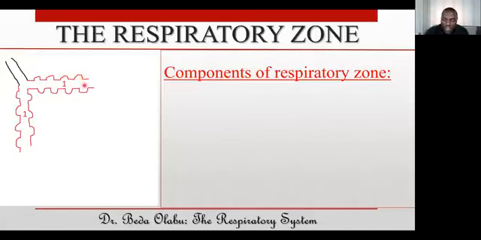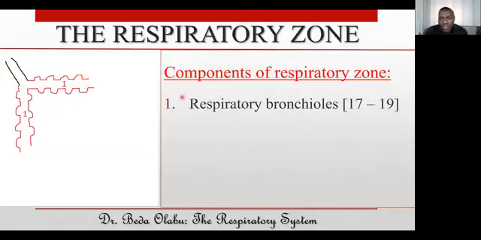These are the ones we called the respiratory bronchioles. Respiratory bronchioles are therefore the first component of airway division with gas exchange capacity. They extend from the 17th generation of airway division to the 19th generation. If you remember, the terminal bronchiole is the 16th generation of airway division.